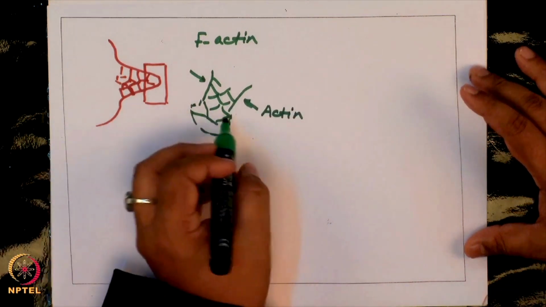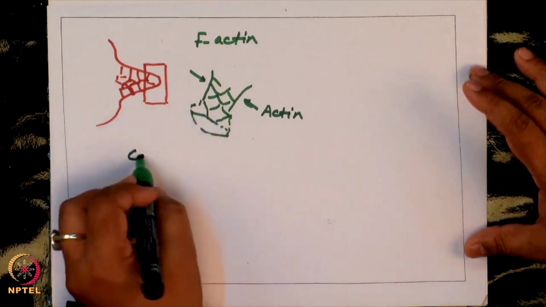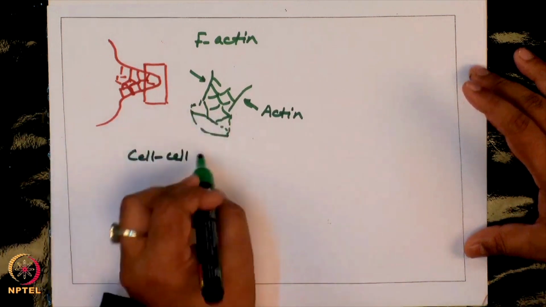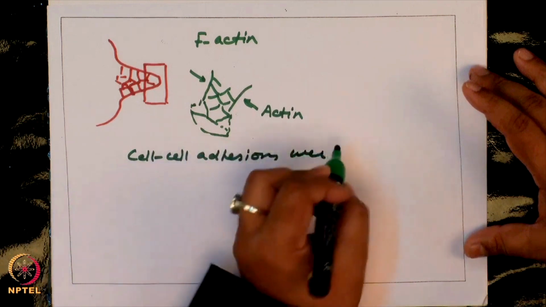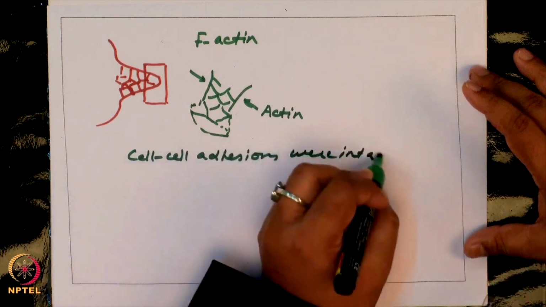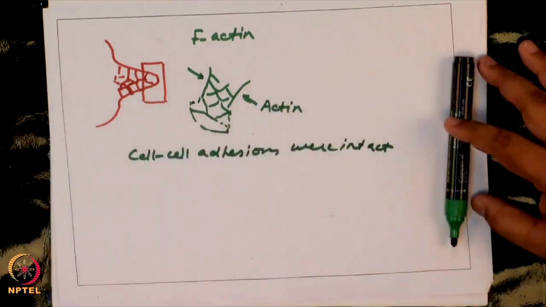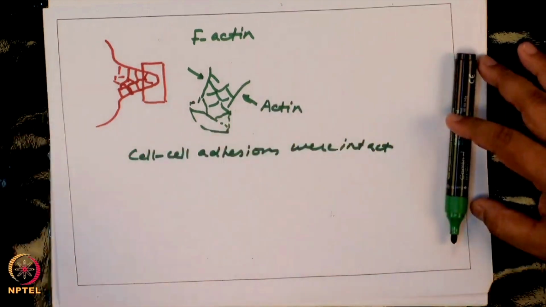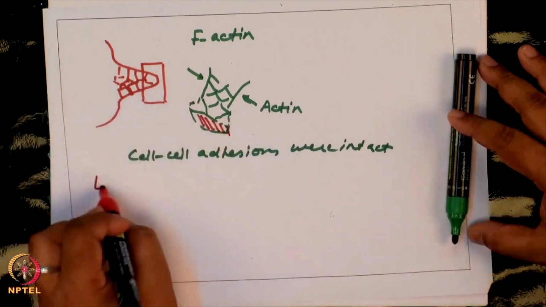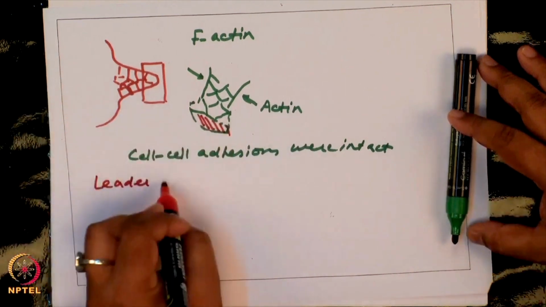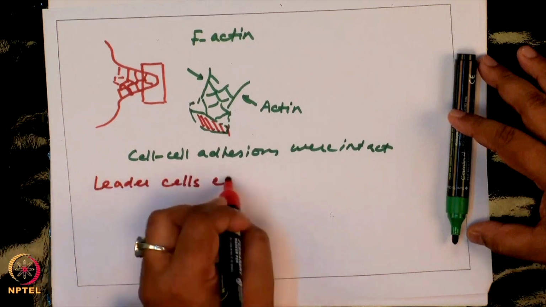Here the cell adhesions were intact, but you can have cells right at the periphery, which were called the leader cells.